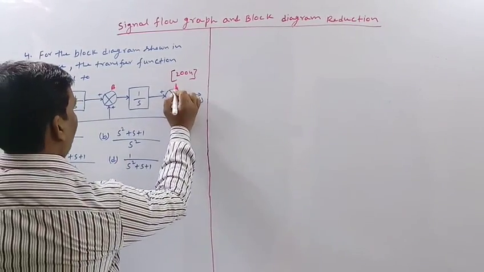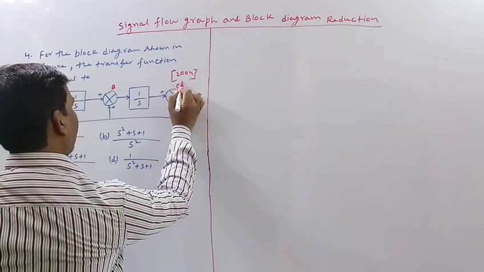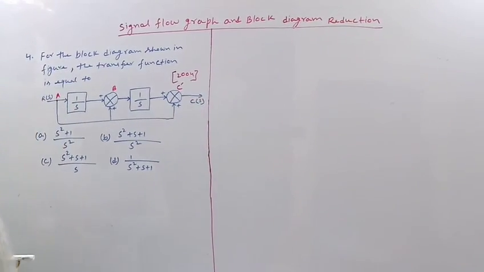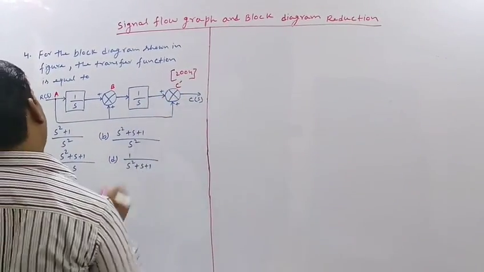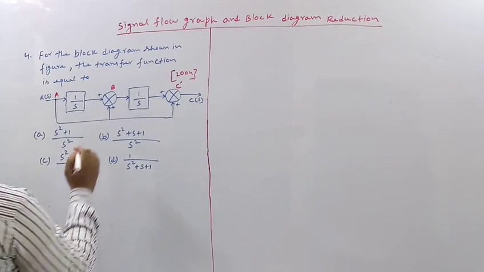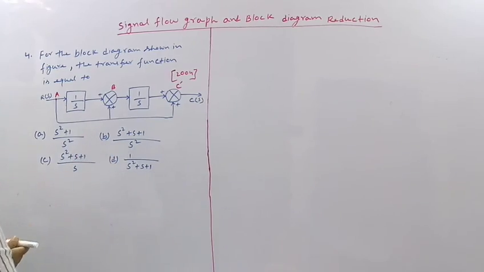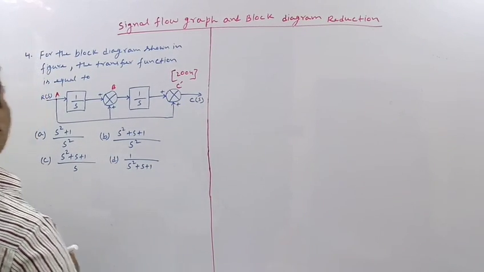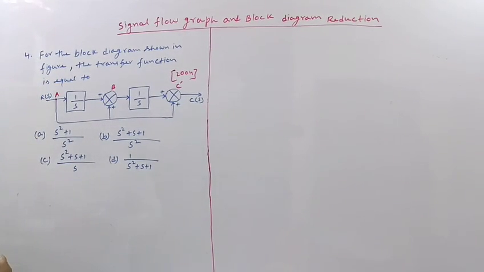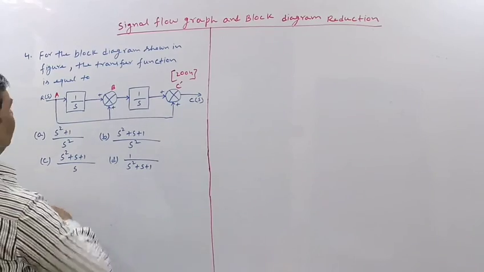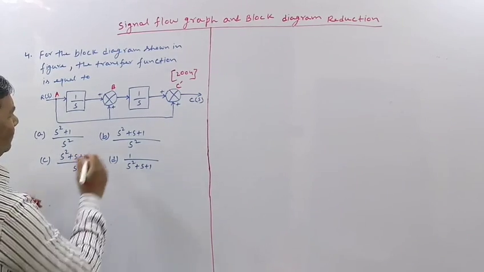This point as C dash, because C is here, so let us denote it as C dash. Now let us denote this point as D.